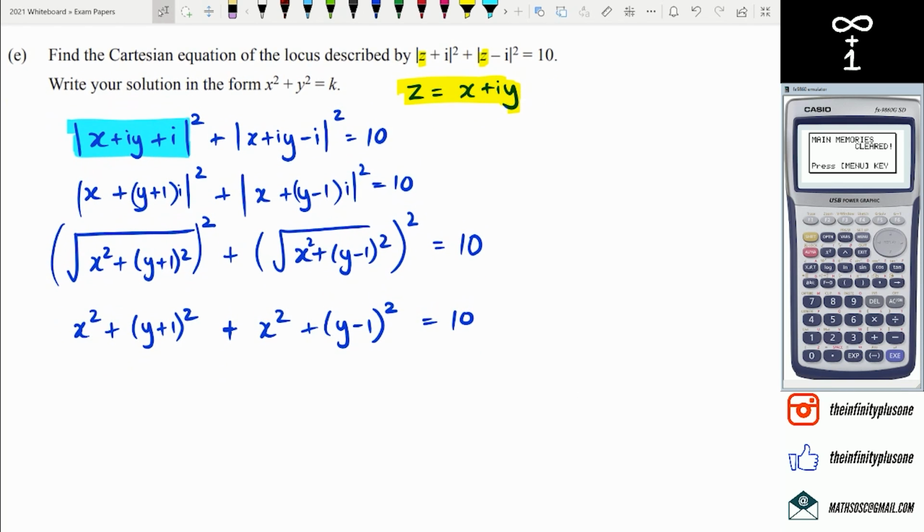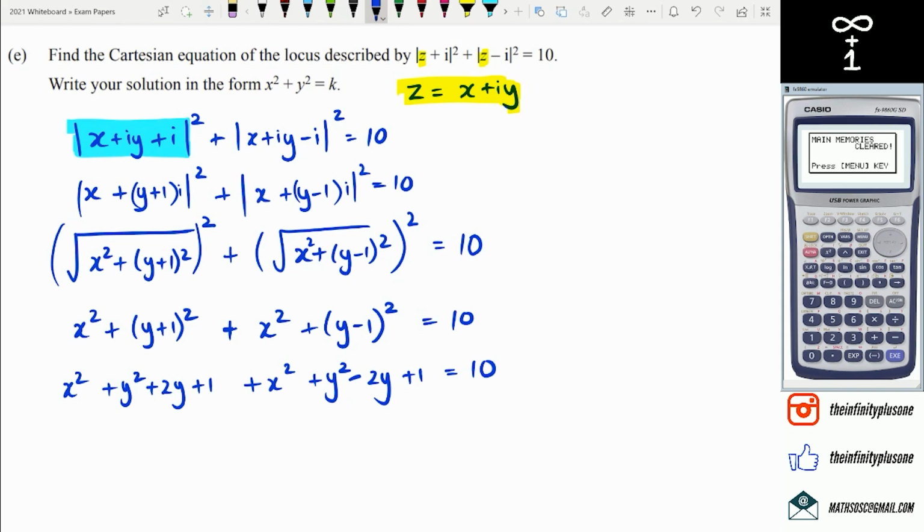Once we have this, we need to expand (y plus 1) squared and (y minus 1) squared. So we get x squared plus y squared plus 2y plus 1 plus x squared plus y squared minus 2y plus 1 equals 10.